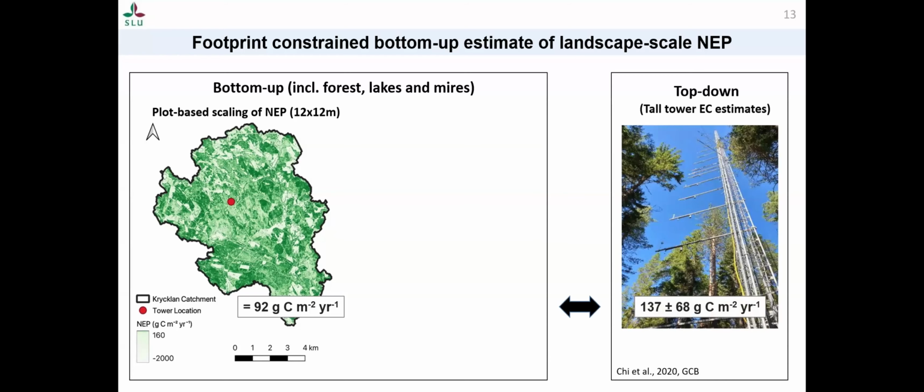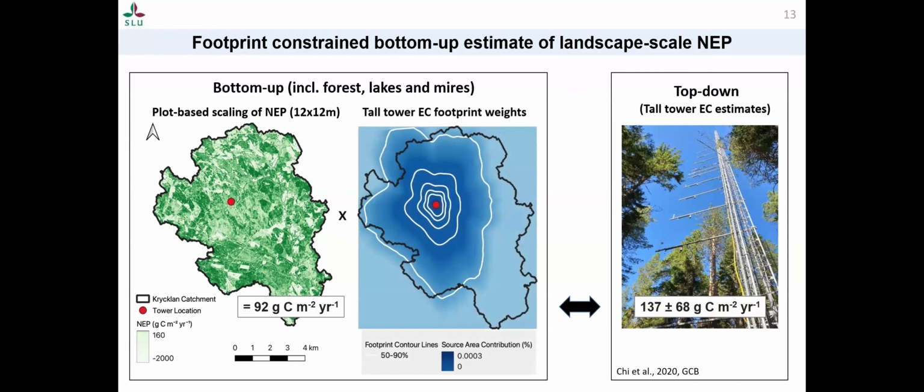So then we were thinking, okay, we also have to understand that our tall tower eddy-covariance measurement footprint does not actually cover the entire catchment, and also the contribution from nearby the tower is more than those areas further away from the tower. So then we use this footprint information and we started to add weights to the individual pixels in the bottom up approach.